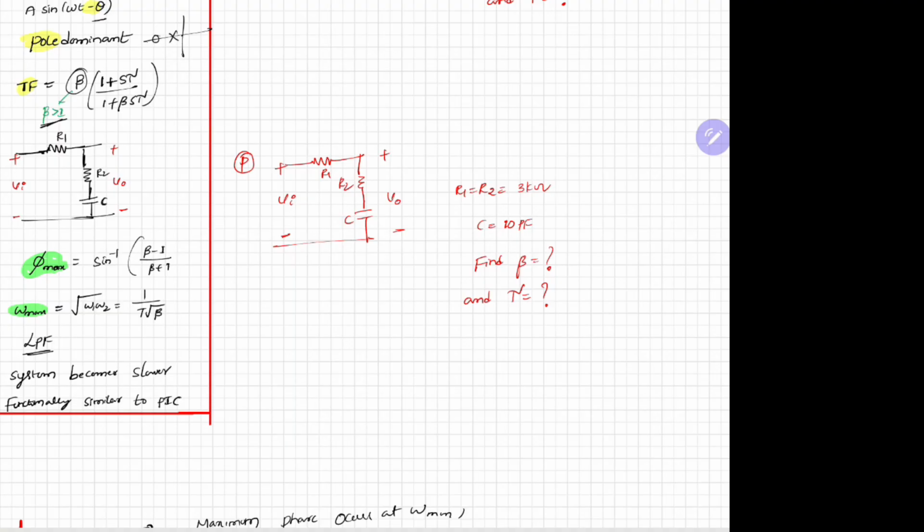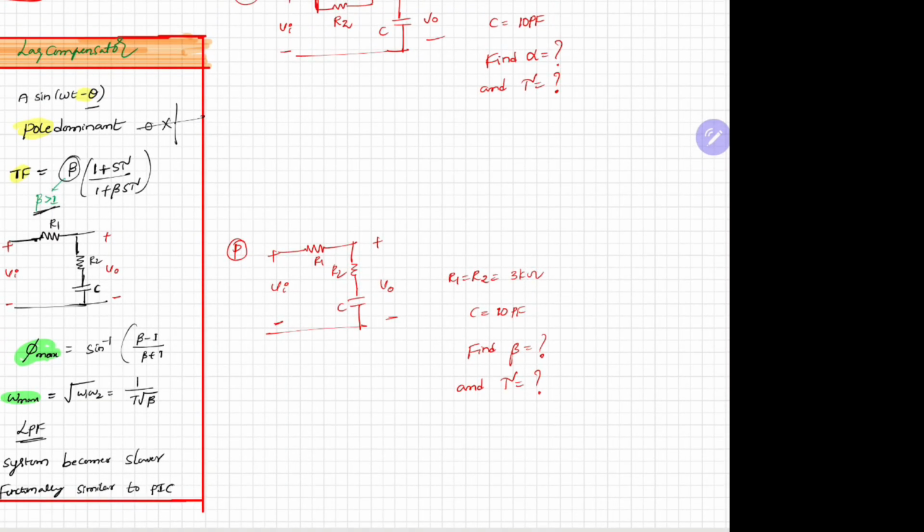Let's not waste our time, let's look into the questions very quickly, how to solve these questions. Here a high pass filter is given, with resistance and capacitance values, and they're asking us to find the value of alpha. You need to remember the formulas, these are very important.